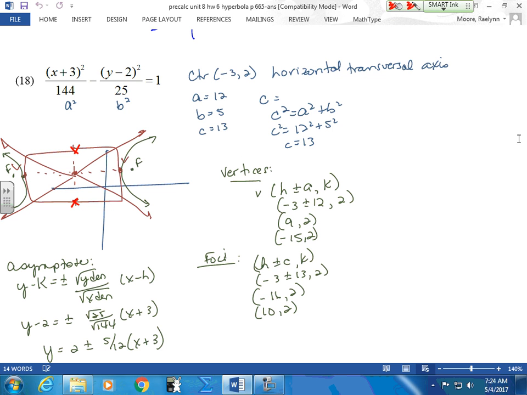So, how do you make the box? You find, okay, so let's take this one. Which one is going to be the major axis, the x or the y? The x, because x comes first. So whoever comes first in the subtraction is the leader here. So I'm going to go off the x-axis. So underneath this guy is the A, because the A always comes first.